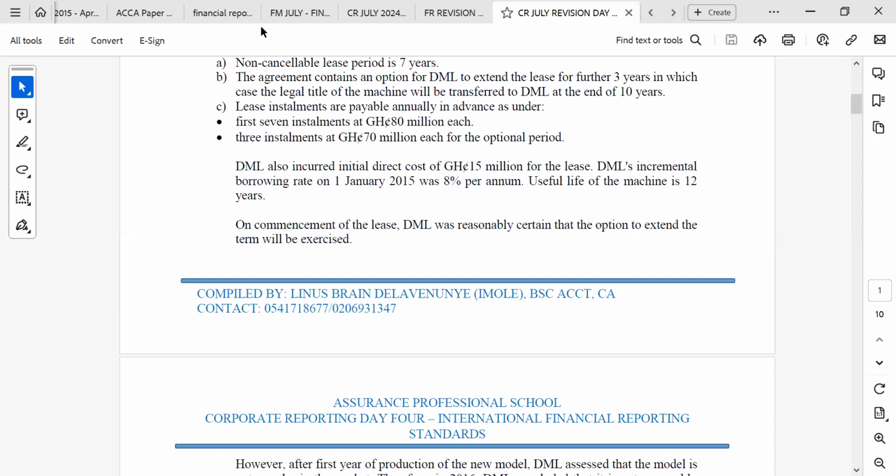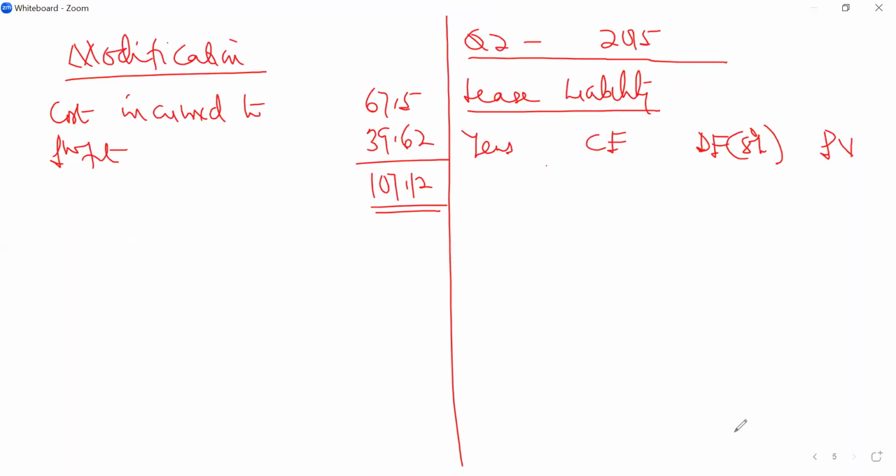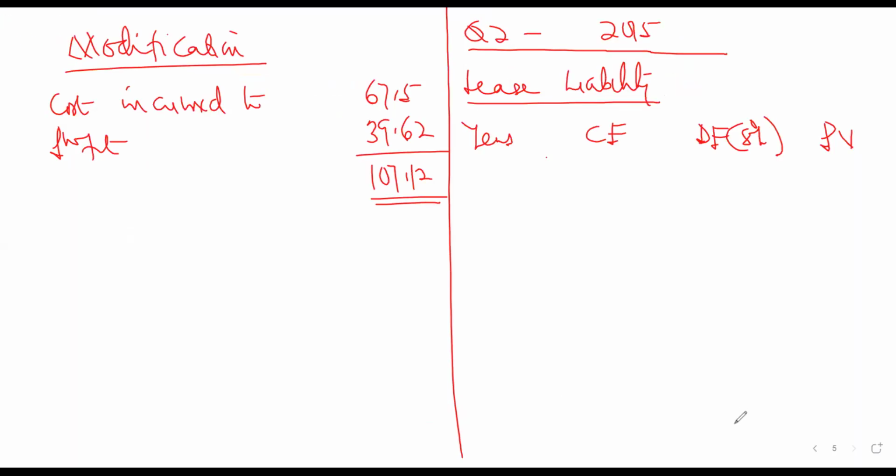So we have done a payment already. We have paid one already. Okay. If you want to calculate our total lease liability, you can bring the advance payment also. But what you have to know is that you're always going to be subtracting the advance payment. So I can do year 0 over here, then I'll have 80 million.